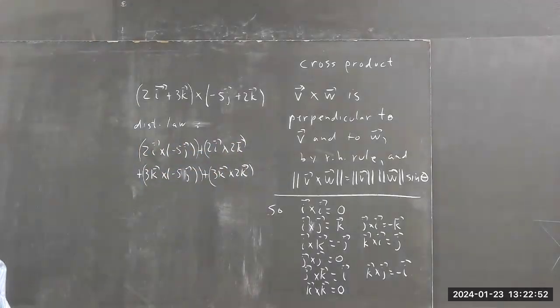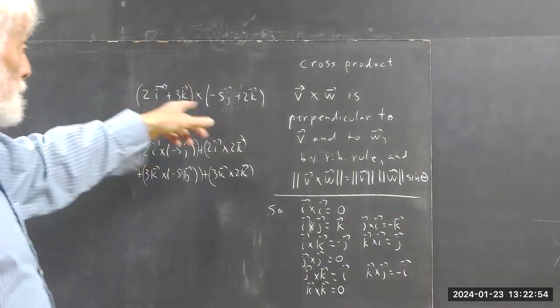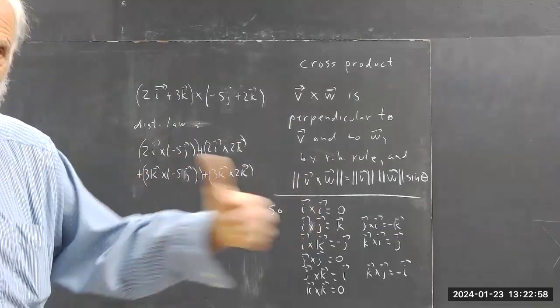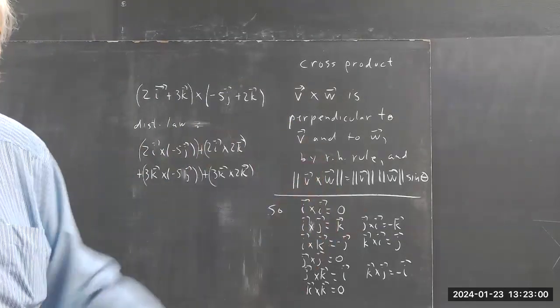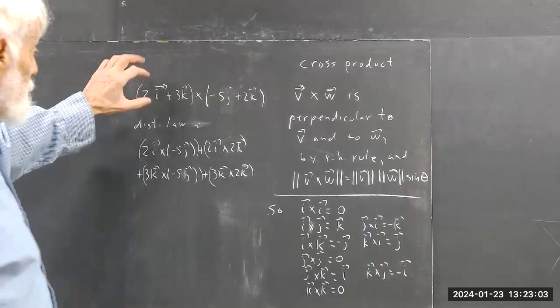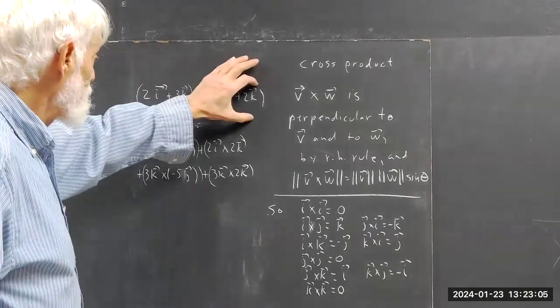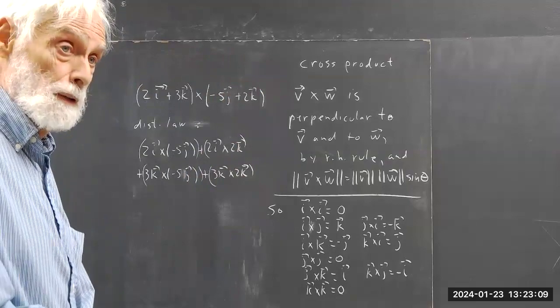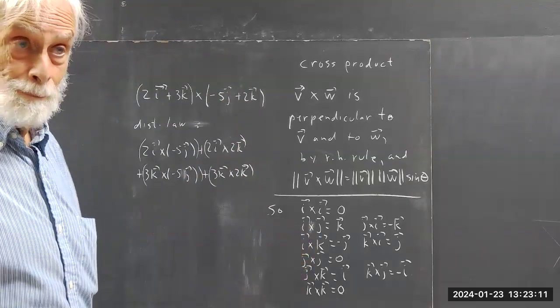Make sense? Just like (A plus B) times (C plus D) is going to be AC plus AD plus BC plus BD, right? Just the distributive law. Multiply this by this, this by this, this by this, this by this. Okay? Just like algebra 1.